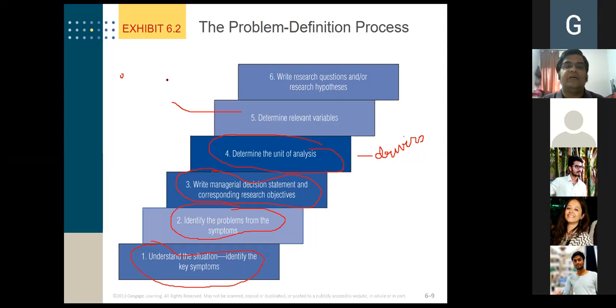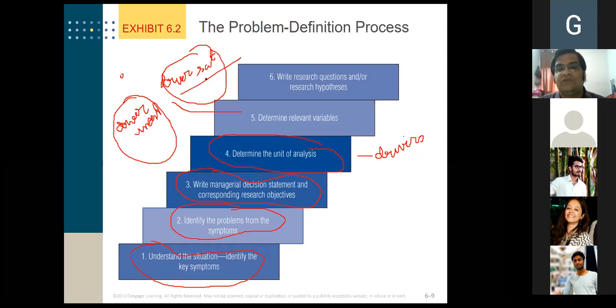Suppose I want to see the driver satisfaction, and the facilities that they are getting, say the perks, benefits, or whatever, which I can call driver incentive. So what incentive the driver is getting and whether he is satisfied with that.